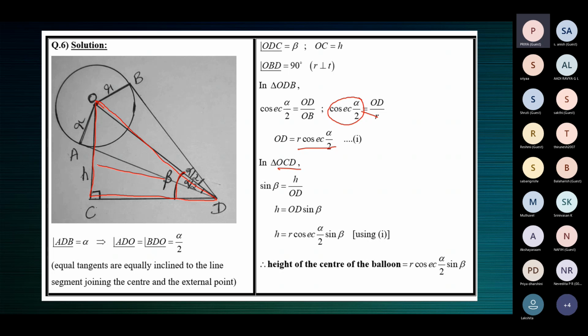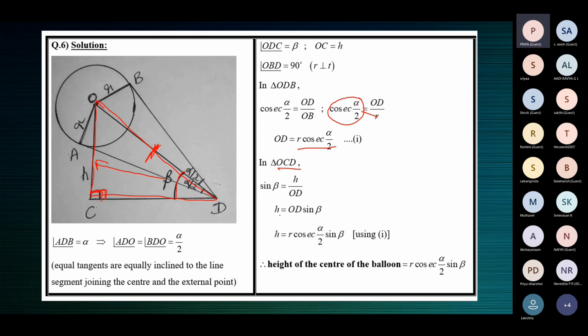For beta, this is the opposite side, h. And this is the hypotenuse because it's opposite to the right angle. So sine beta is equal to opposite h by hypotenuse OD.